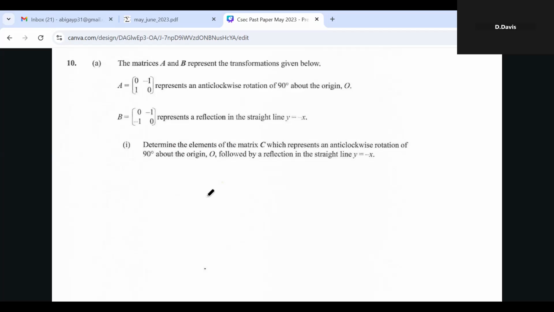C equals B times A. So we're doing multiplication. So the C matrix will equal B times A. So we know what A is, and we know what B is.